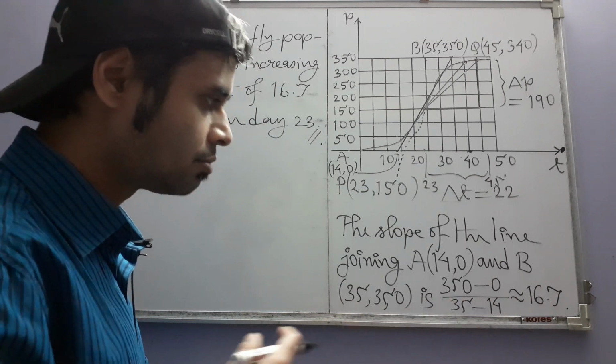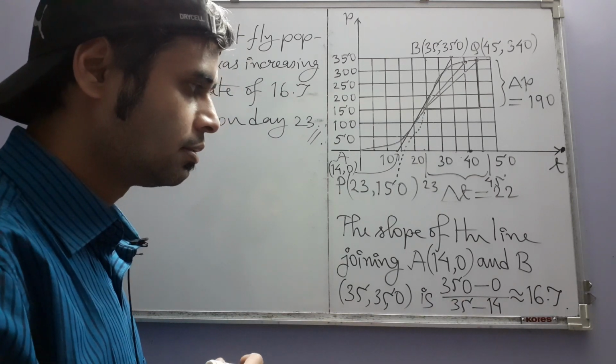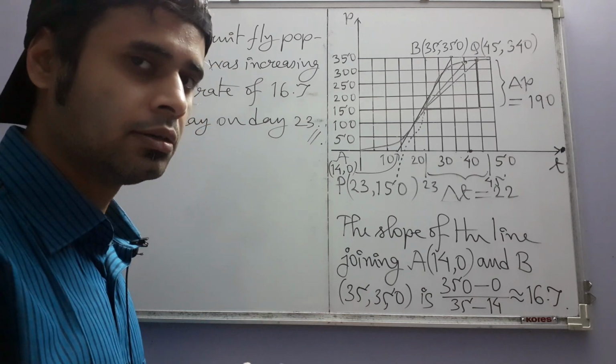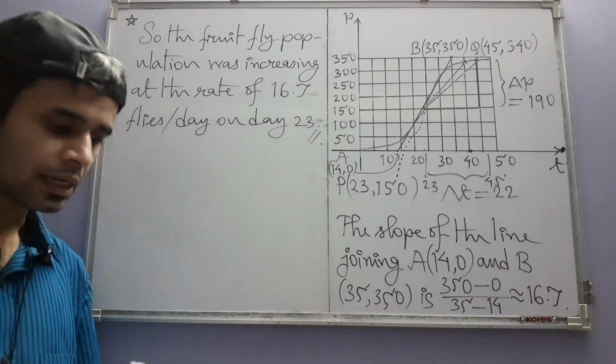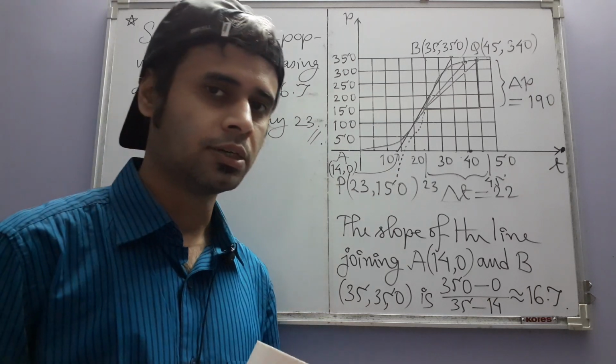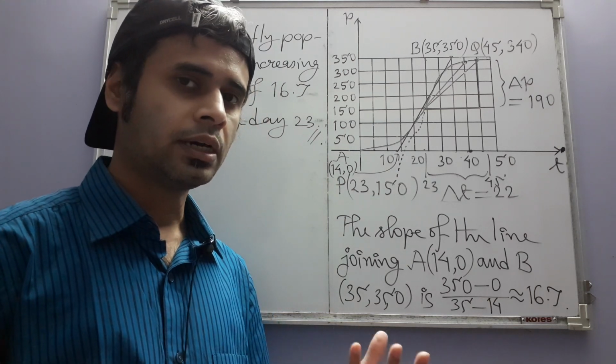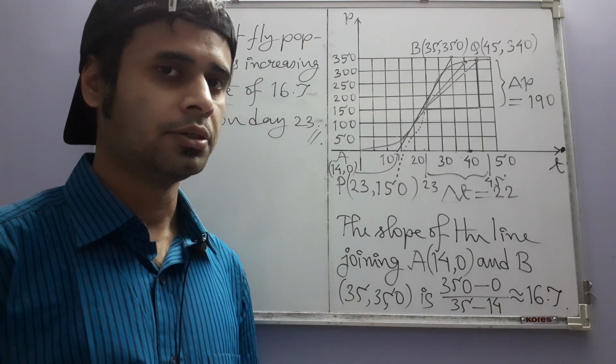So all the average rates are approximations getting better and better to the instantaneous rate value. With this understanding, in the next calculus video we are going to see the actual notion of a limit.